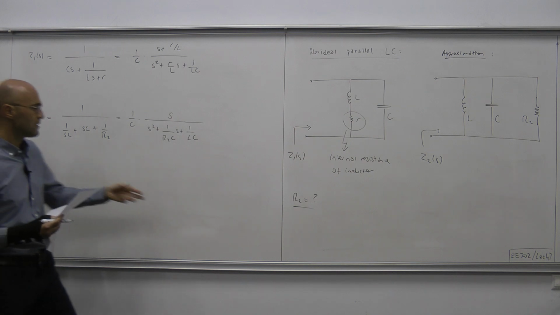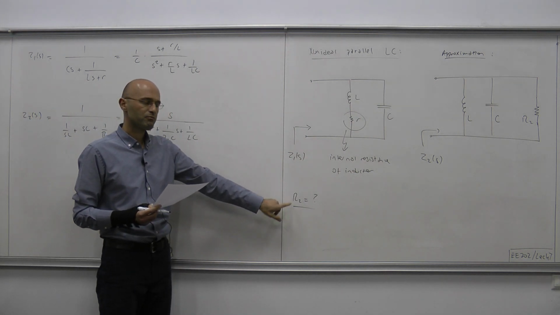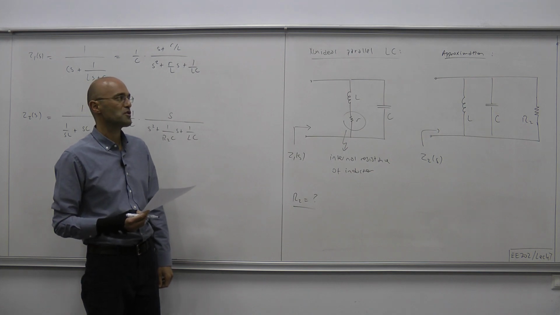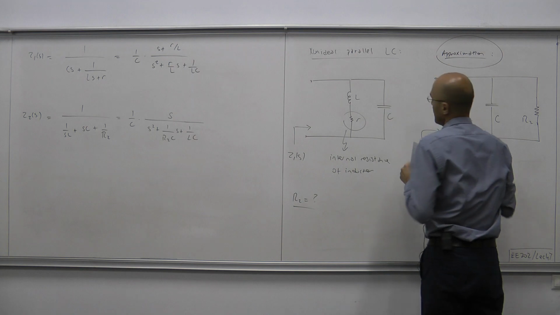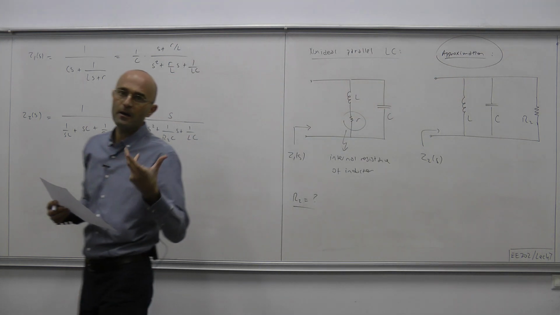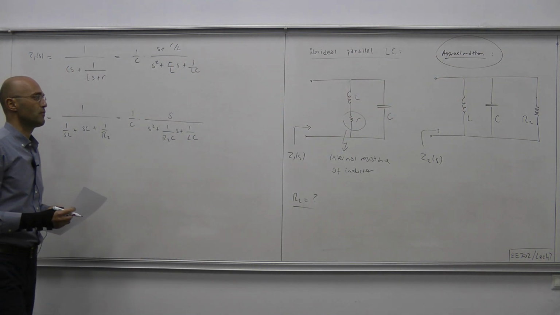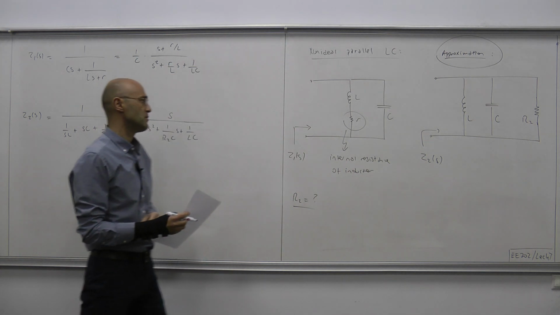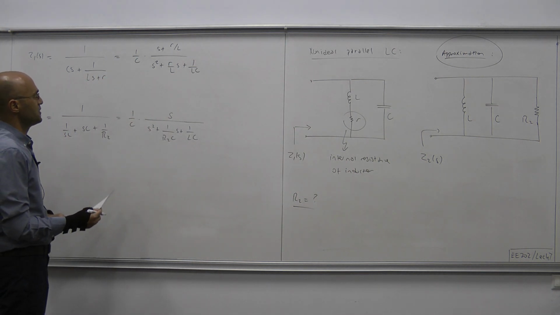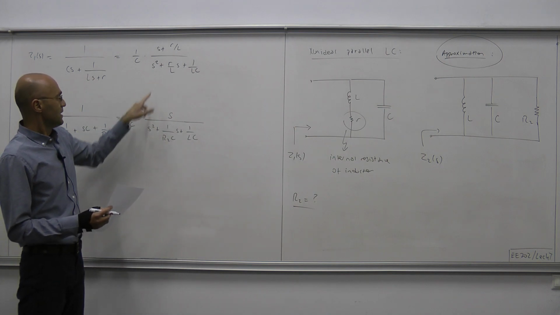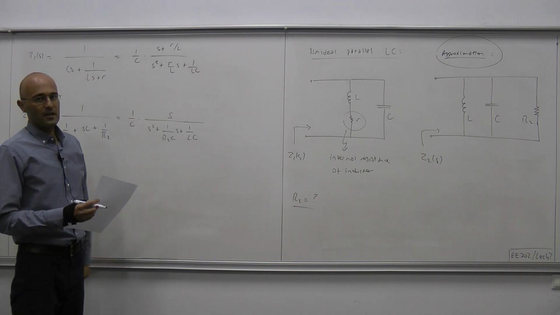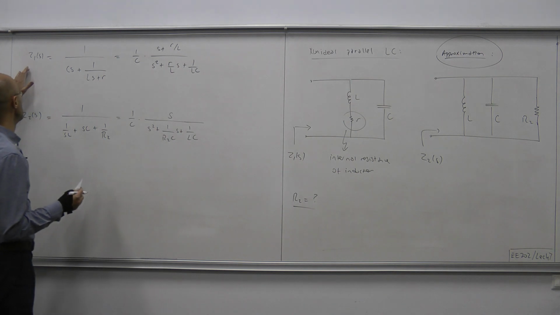Now, what we want is to choose R2 so that Z2 is a good approximation of Z1. For that, it seems reasonable to choose R2 so that the denominators become equal for Z1 and Z2.